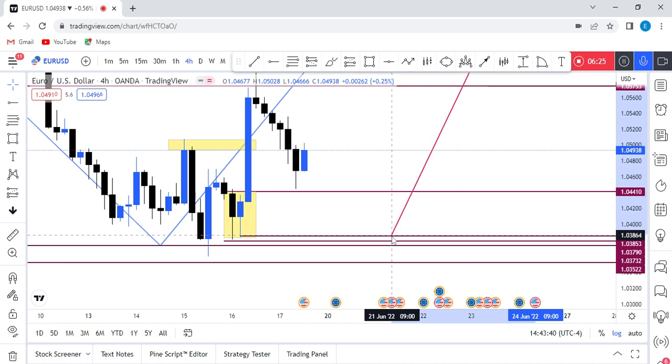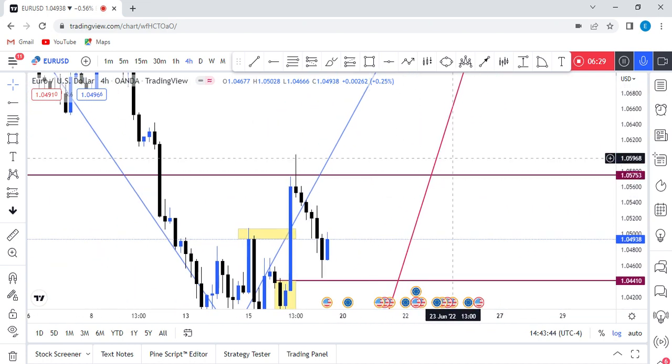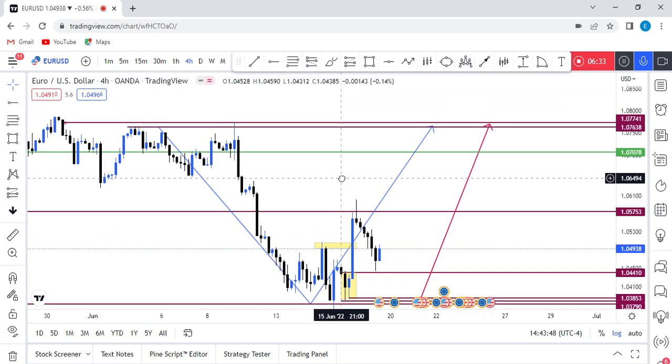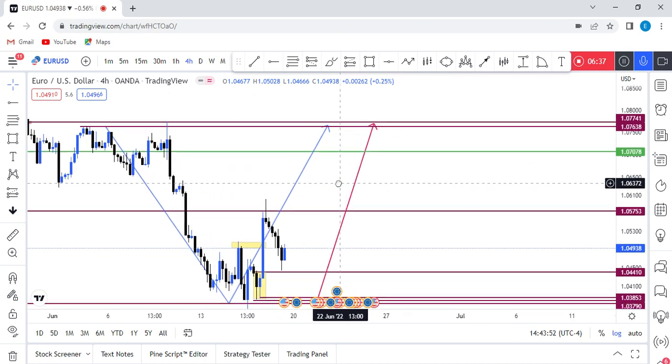So the market must turn here before going up. So for Euro USD, we must look for the buy setup to this zone here.